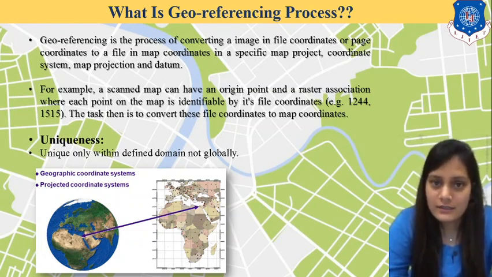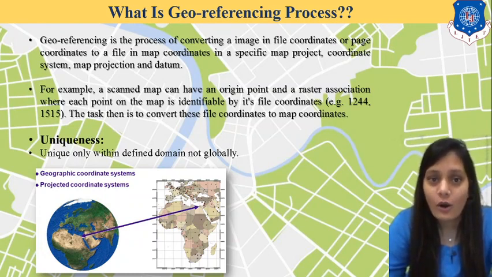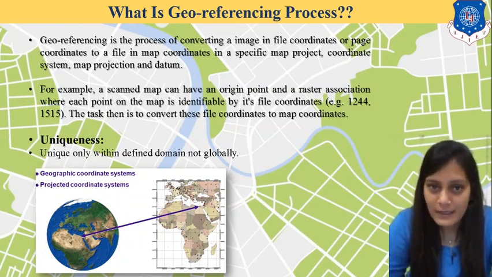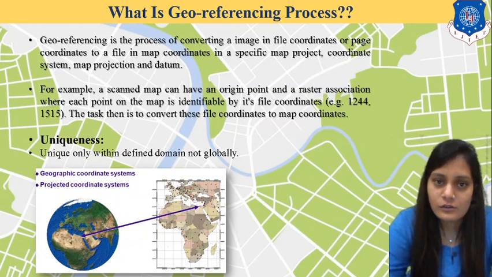Similarly in georeferencing, when I open any image or any data, the first requirement is that the data should accurately fall on its position. If it is an image or data of India, then when I open the software, it should fall on India only, right? Now what should fall and how should it fall?